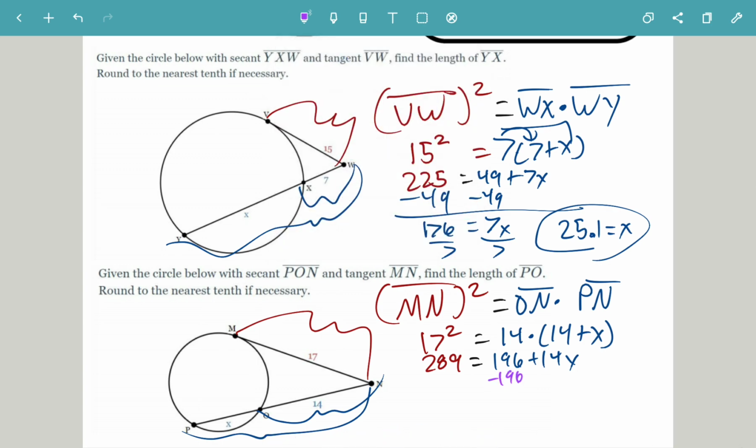Subtract 196 from both sides. 289 minus 196 is 93, equals 14x. Divide both sides by 14 to get x alone. That gives you about 6.6 equals x. And you are done.